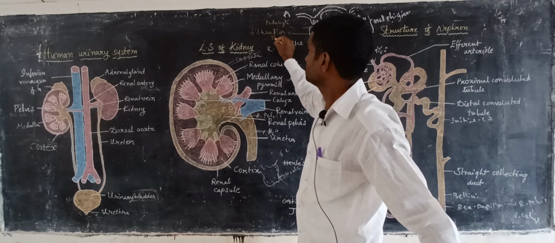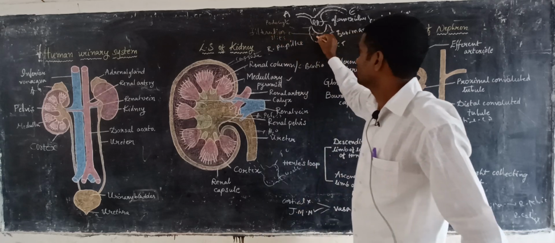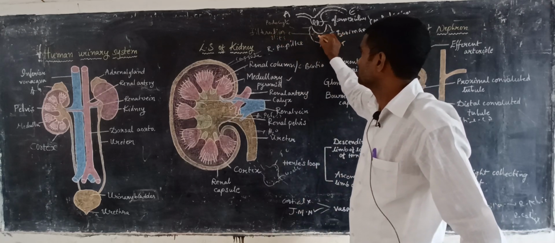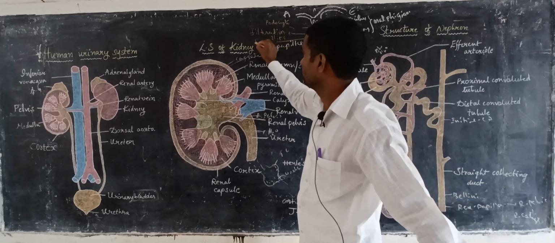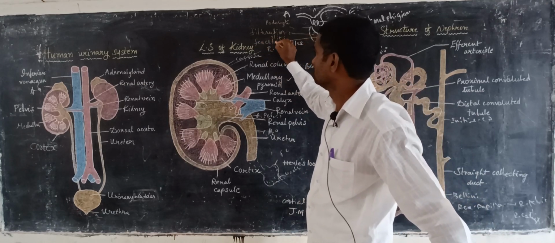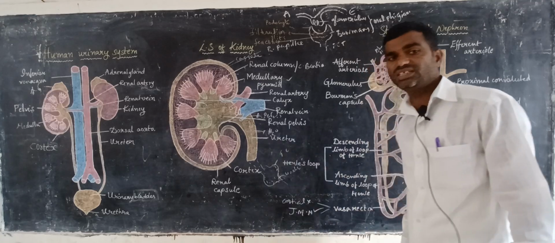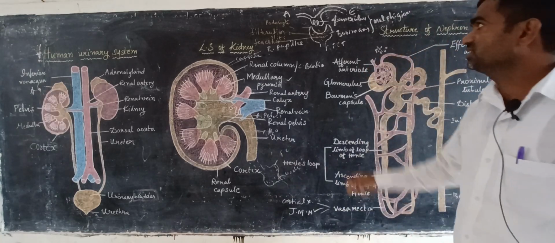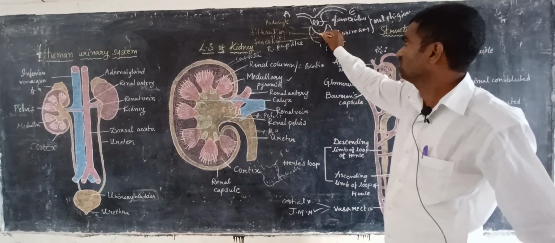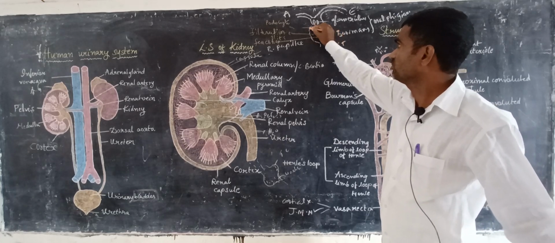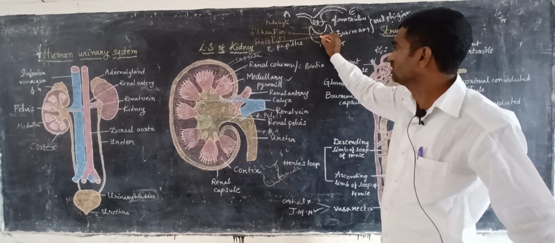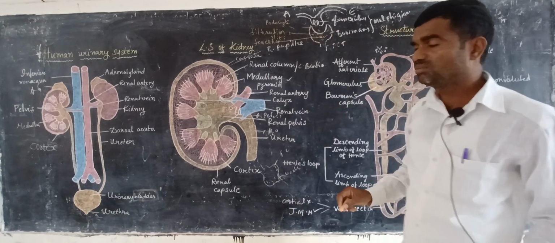After the filtration slits, the next layer-like structures are called fenestrations. Through these layers, the H2O molecules are filtered and reach the cup-like structure, which is called Bowman's capsule.